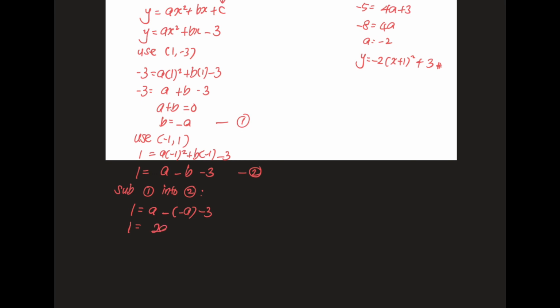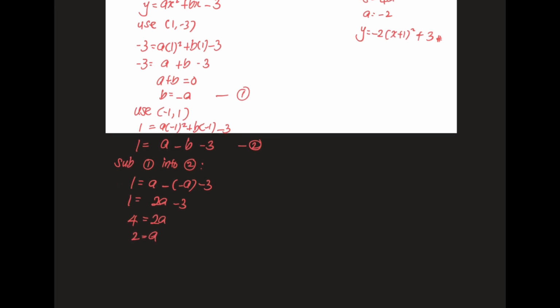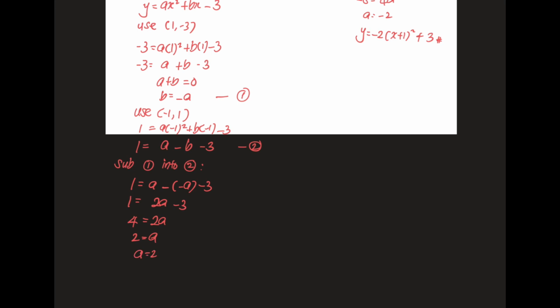Then 1 equal to a minus negative a minus 3. So 1 equal to 2a minus 3. 4 equal to 2a. A equal to 2. Okay, I get a already. I get a equal to 2.